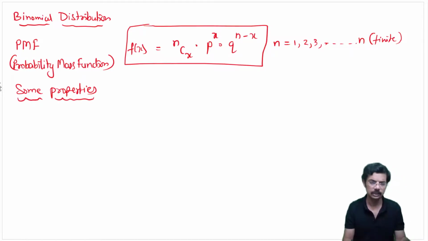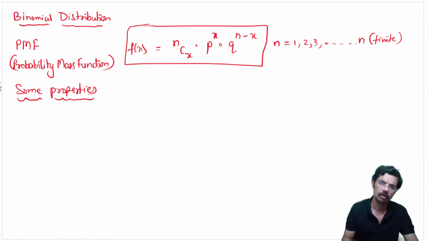The first one is that the total probability will always be 1. We know that n is greater than 0. Since n is greater than 0, the probability of success will lie between 0 and 1, and the probability of failure will also lie between 0 and 1.